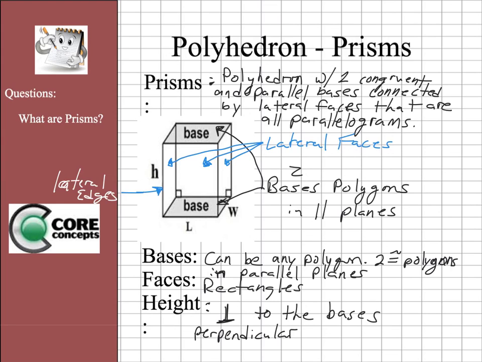Okay? So our bases, right, are the two ends. Then we have the lateral faces. They're all rectangles. And our height is always going to be a term that is perpendicular to our base, or bases.